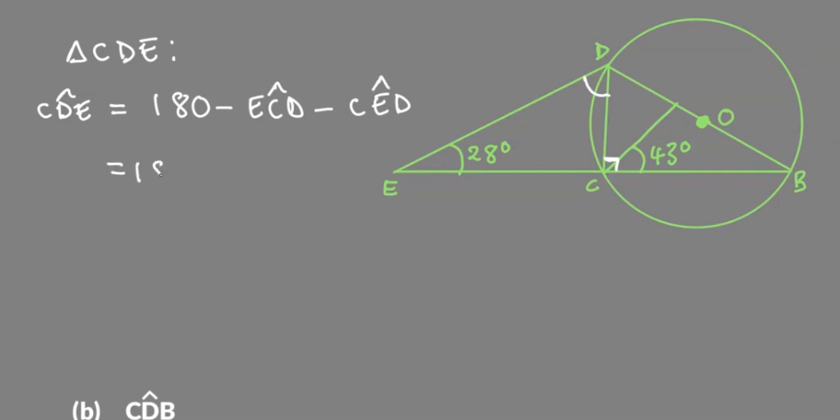If we plug in our numbers, ECD is 90, CED is 28. And then we calculate this.